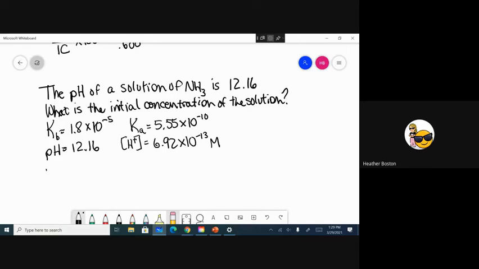I can also get the pOH, which would be 14 minus the pH, or 1.84.